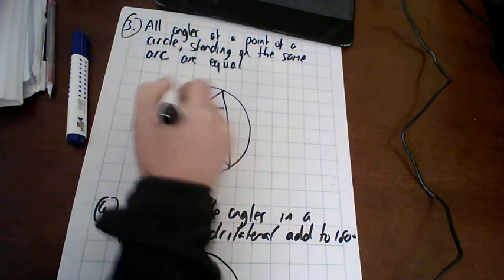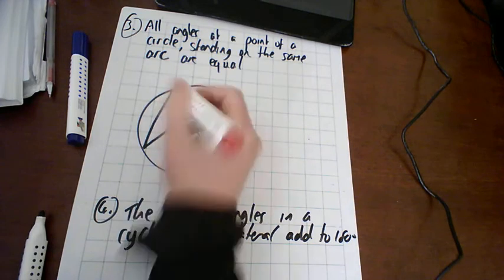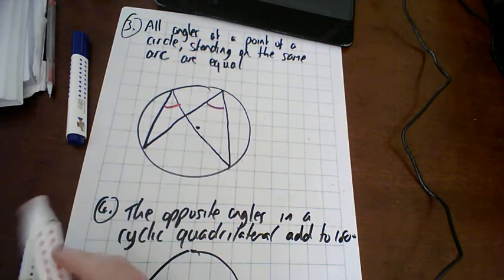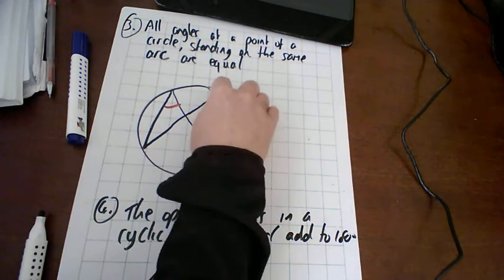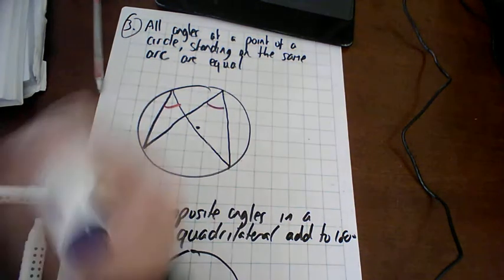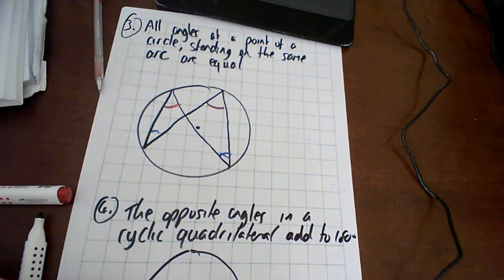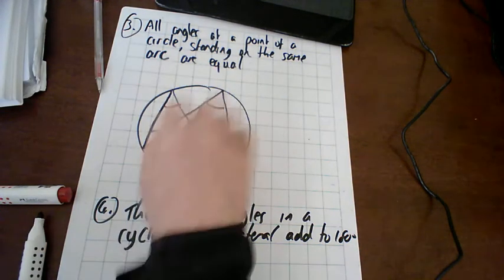It doesn't have to go through the center. That angle is equal to that angle. And also the same way, if I turn that upside down, these lines drawn to here and here, these 2 angles are equal as well. And obviously you'll know that these 2 angles are equal because they're opposite as well. So these 2 angles are equal and these 2 angles are equal.